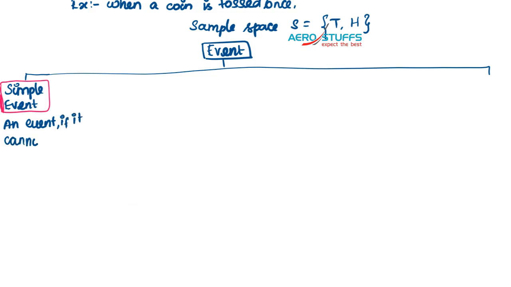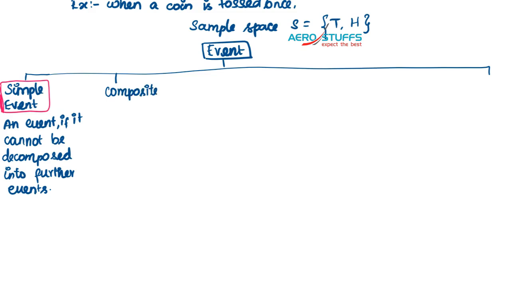That is, you cannot derive some more happenings after that. That is what we call a simple event. It is a very simple thing, so we call it a simple event. So for example, when you toss a coin, tail and head, you cannot do anything more than this, right? That is a simple event. Composite event means you can decompose it further into 2 or 3 events.